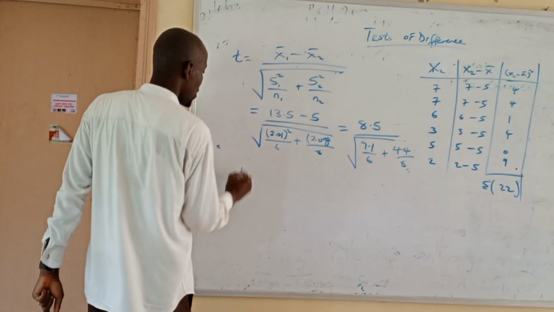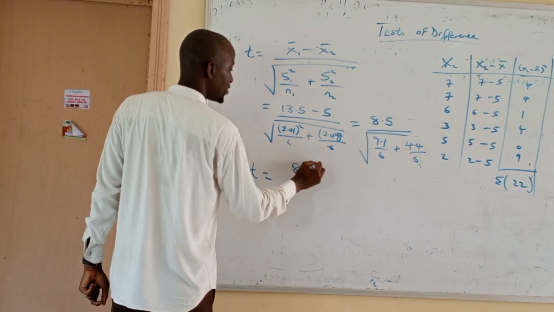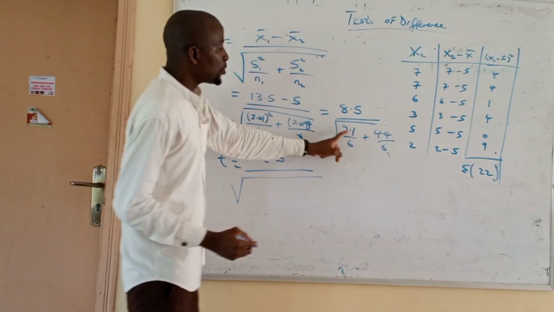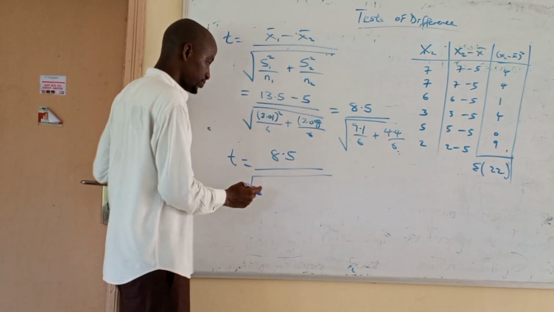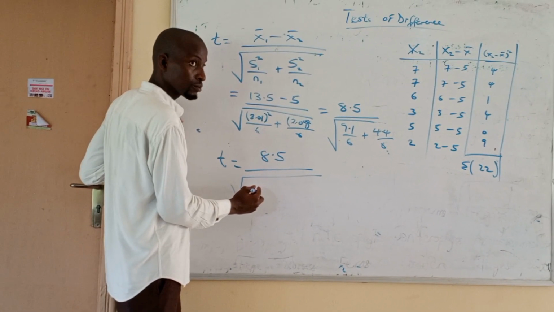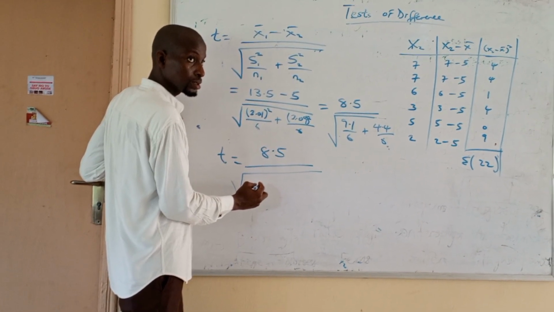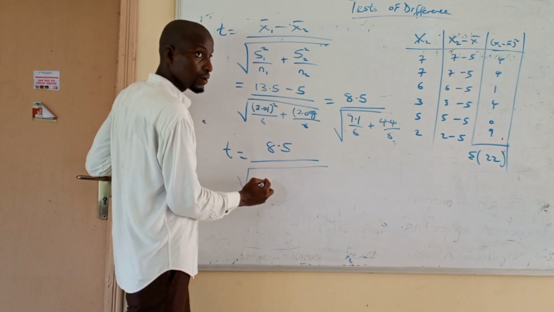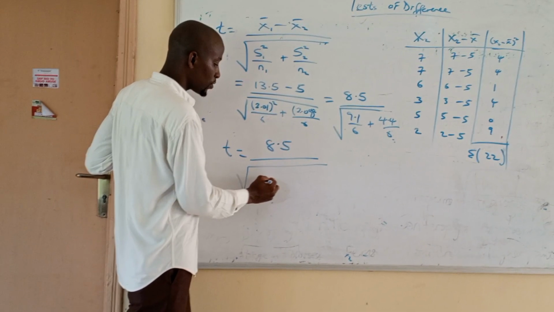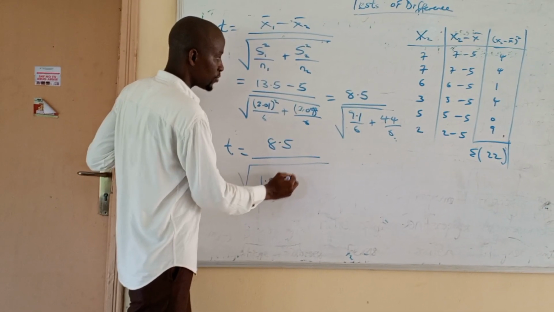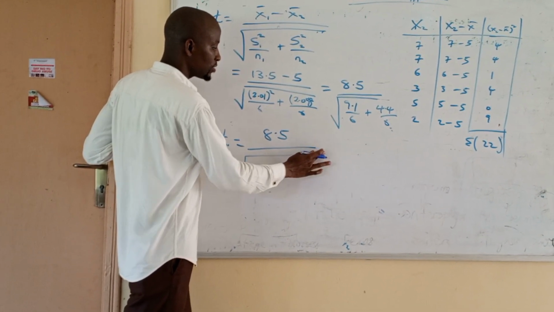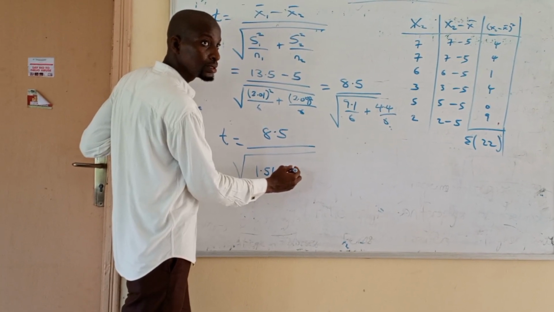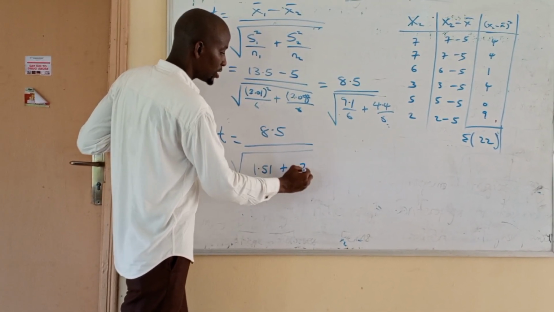So we have our t to be 8.5 over. 9.1 divided by 6 will give you 1.51. 4.4 divided by 6 will give you 0.73.